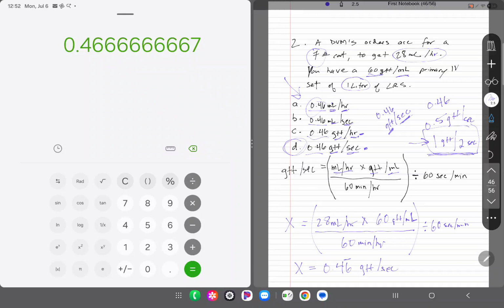It does not apply, because your trigger words in this equation are the drips per mil, which means you are doing a drip rate equation. You are doing a drip rate equation, which leads you to this fancy equation here. That is what you're trying to accomplish with these questions. I hope that made sense. Thanks for listening.